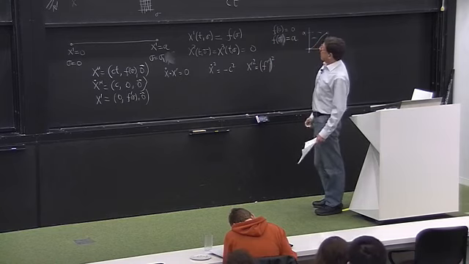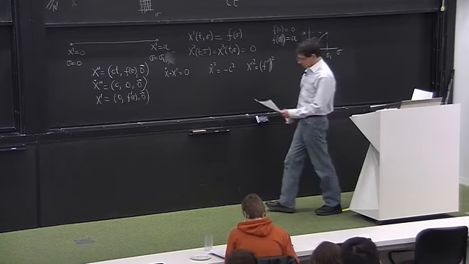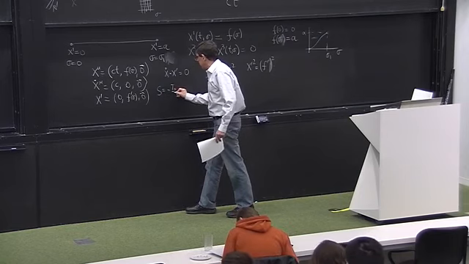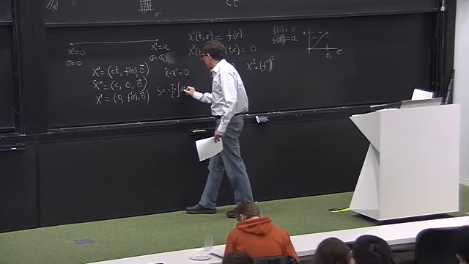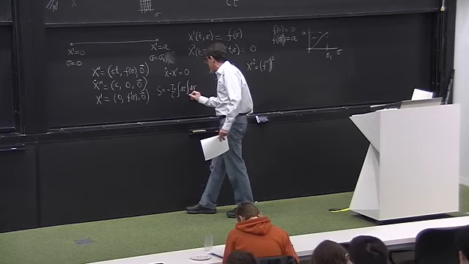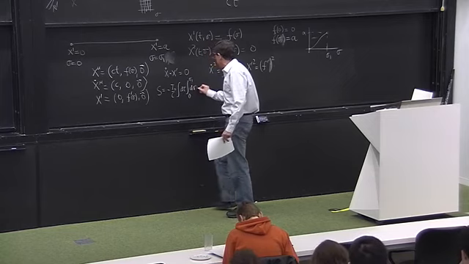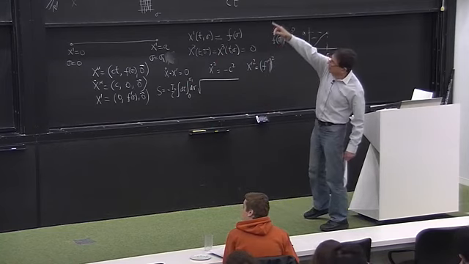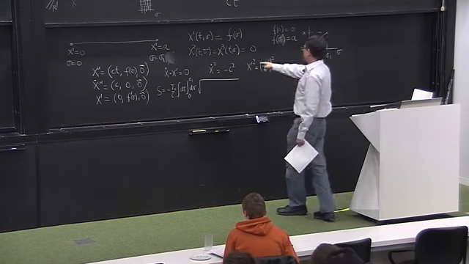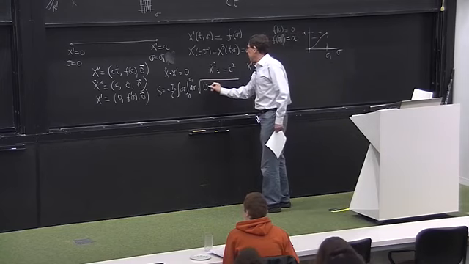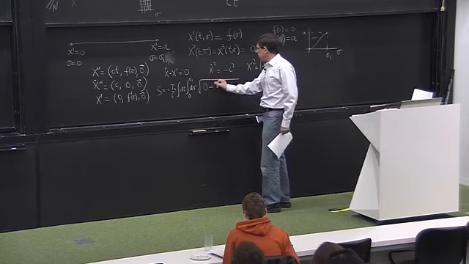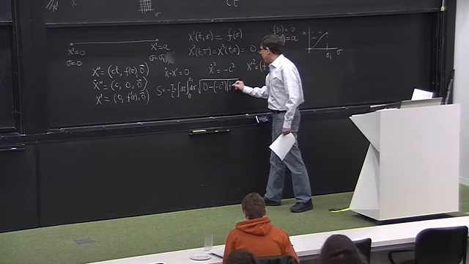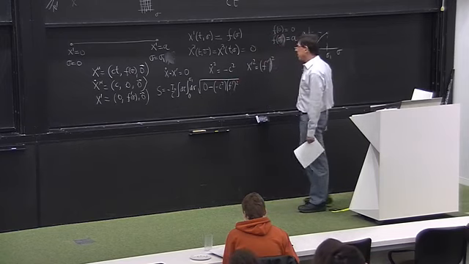So what is the Nambu-Goto action? S is equal to minus t0 over c integral d tau integral d sigma from 0 to sigma 1 square root. We have the action there still. X dot x prime is 0 minus x dot squared, minus c squared, times x prime squared, f prime squared.